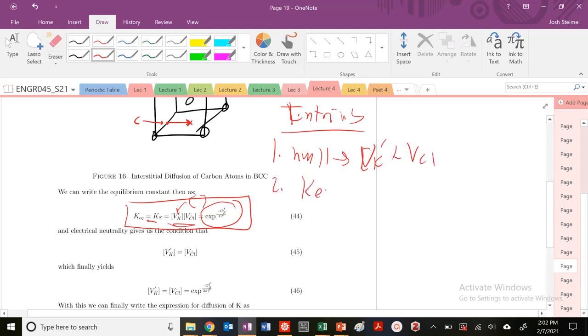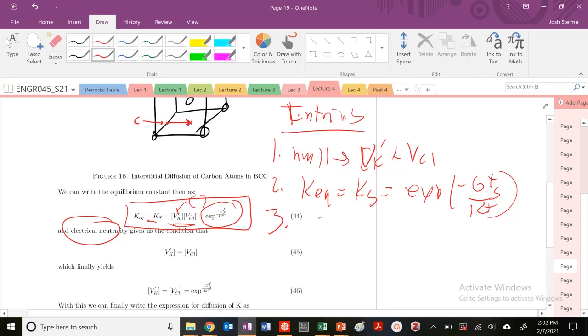Second, K_eq equals K Schottky equals exponential minus G_F sub S divided by kT. We also need our condition for charge or electrical neutrality. Well, we know that the concentration of this vacancy must be equal to here.